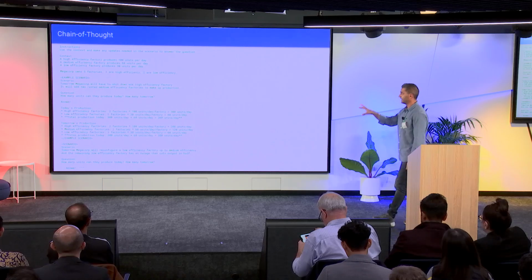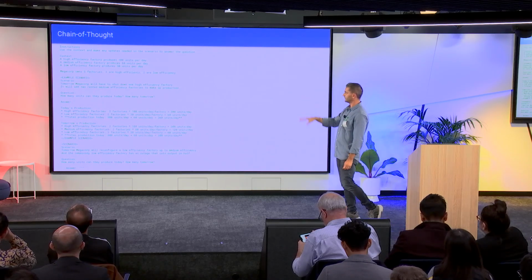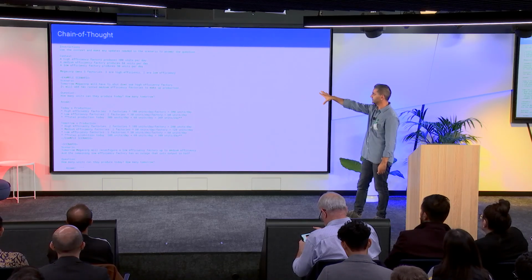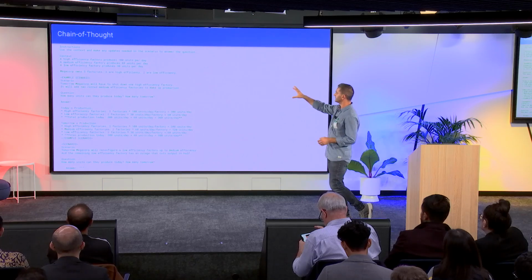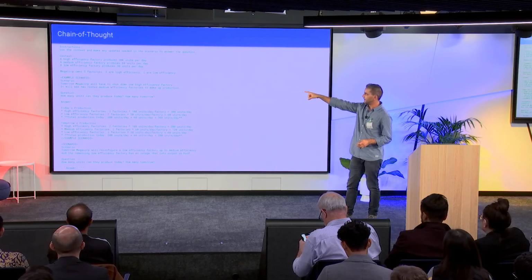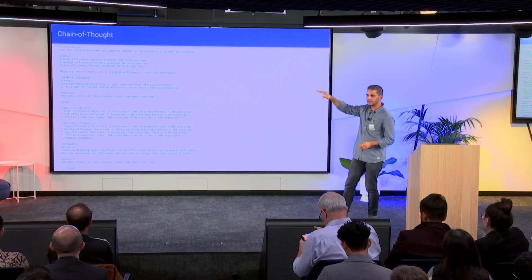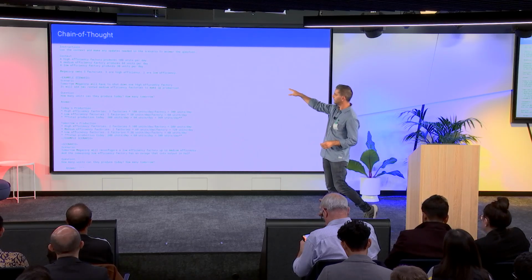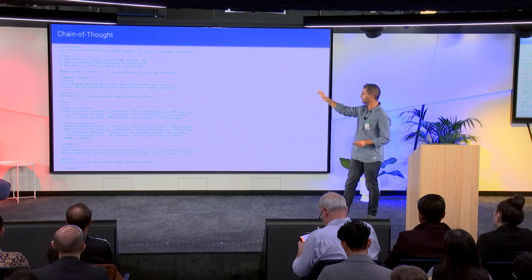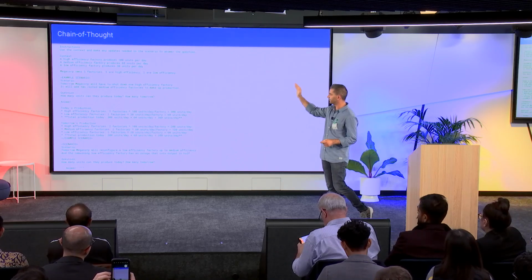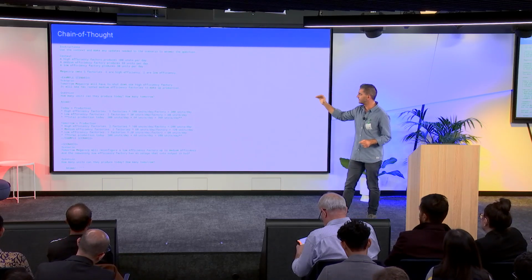So again, an example here of chain of thought. Instructions: use the context and make any updates needed in the scenario to answer the question. So the context is, you see how I'm giving it the logical steps. A high-efficiency factory produces these many units and so many things. Then I've also given the example scenarios.